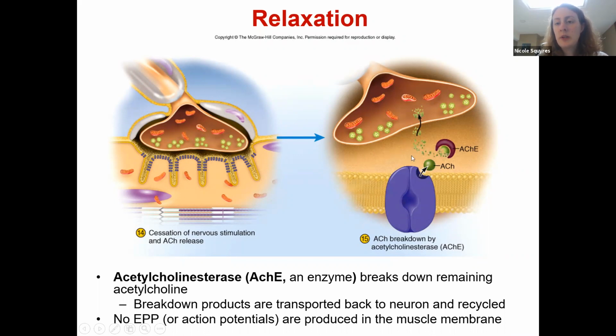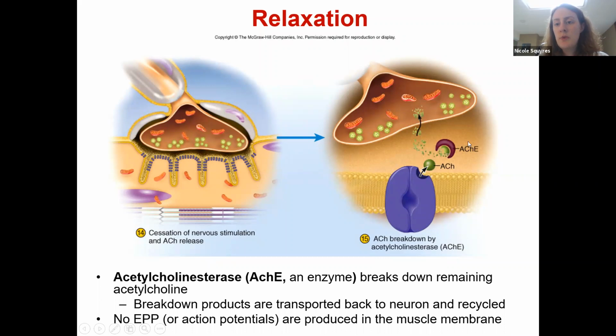But the acetylcholine that is left in that gap is going to be broken down. And there's an enzyme, shown here in purple, called acetylcholinesterase that is going to break down the remaining acetylcholine. And it's going to break it down into some products, which are then going to be transported back into the motor neuron and recycled. So they'll be used to create more acetylcholine again.